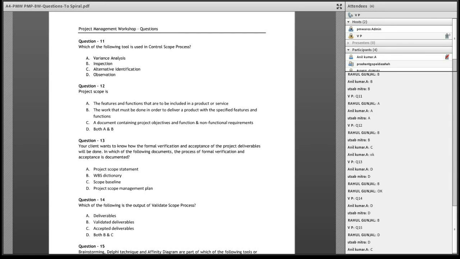Okay. Brainstorming, Delphi technique and affinity diagrams are part of which of the following tools or techniques? They are basically group creativity techniques. Focus groups are meant for calling people of the same function and deciding on the requirements or the scope.